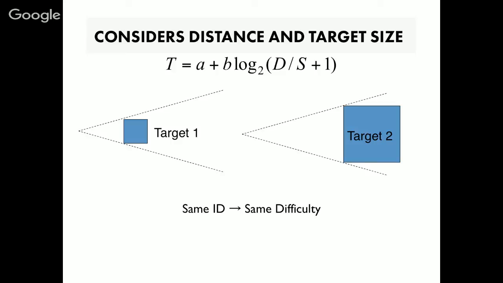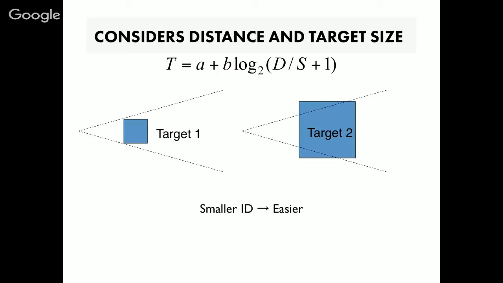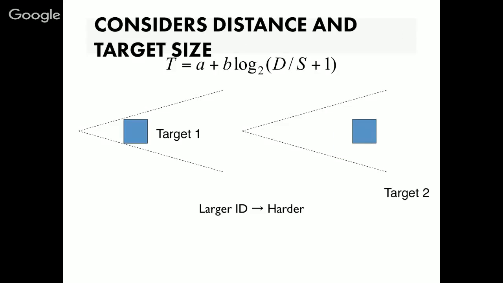And mathematically, you're able to derive exactly how difficult it will be. So some obvious things: if the target becomes larger, it becomes easier, or if it becomes smaller, it becomes harder, okay?